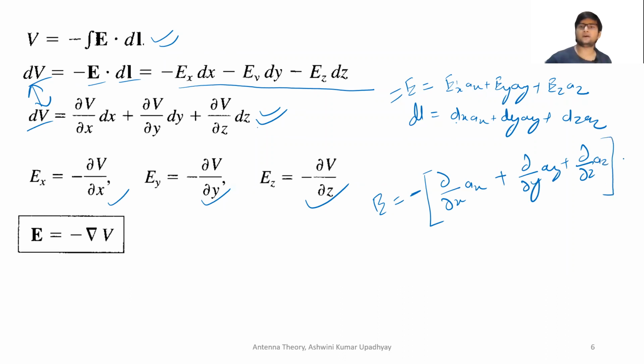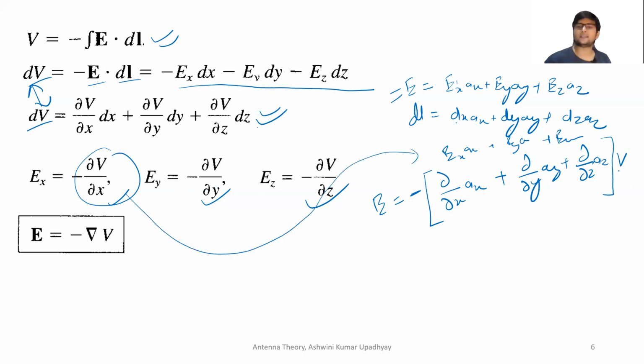And I have taken the V outside. Since you know this is Ex, what I have done is I have just taken Ex ax plus Ey ay plus Ez az. So I've just replaced these things from here to here, right?